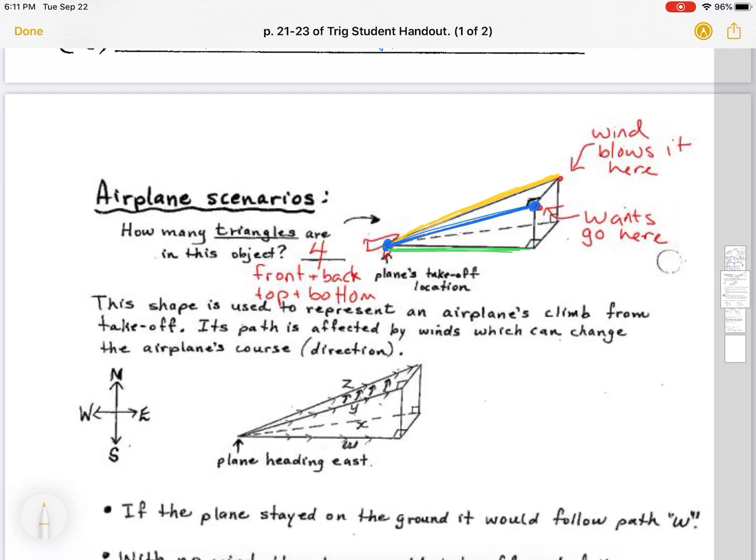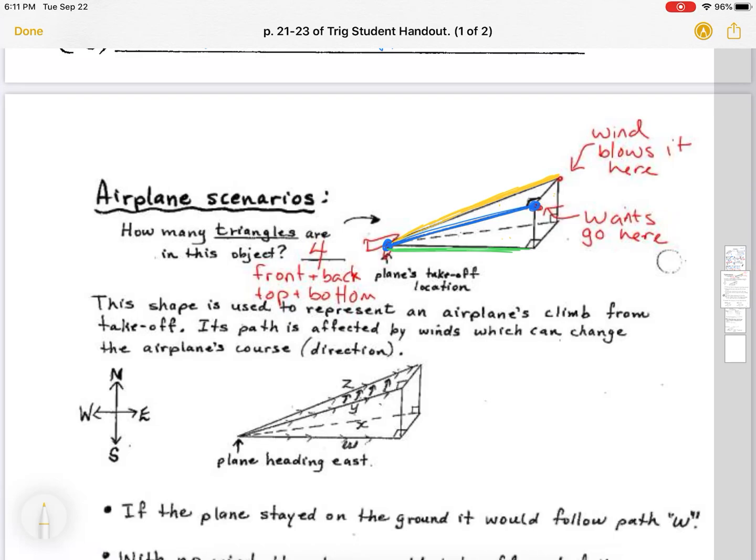So we have wind shear. So the trajectory changes. Now, when we look at this, we have a number of triangles that make up the sides. We have the front and back, which are the same triangles. They're the same shapes. And we have the top and the bottom, which are also the same shaped triangle.